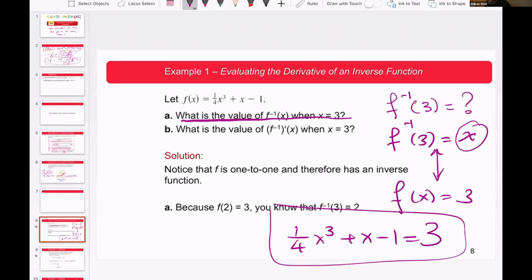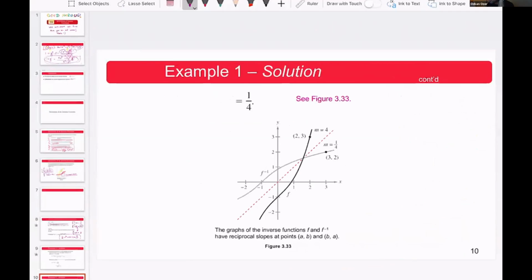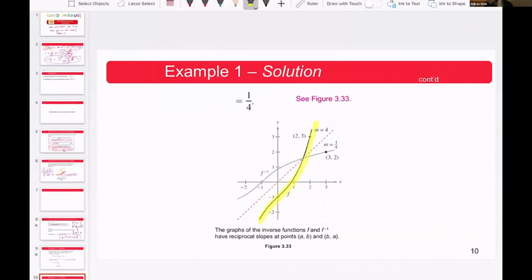And how do we know even to start with that f has an inverse? Well, you can graph the function, which is this black graph here. And it's a one-to-one function. This is coming from pre-calculus: if the graph of the function passes the horizontal line test, then it's invertible, so the inverse exists.